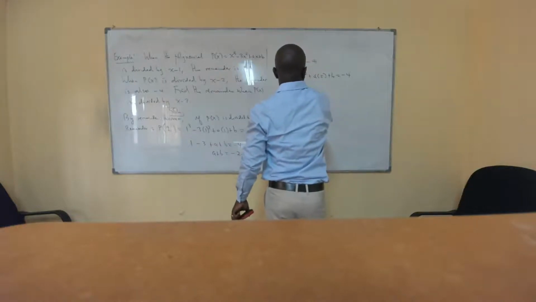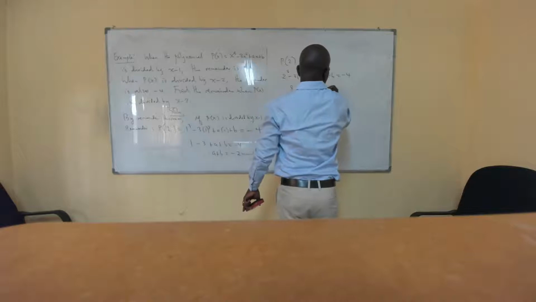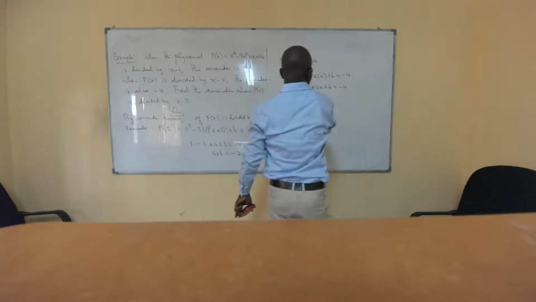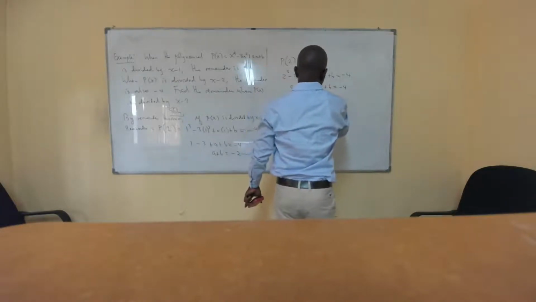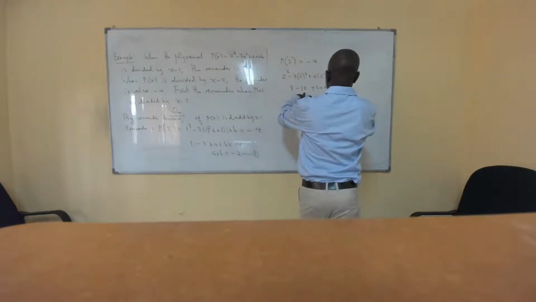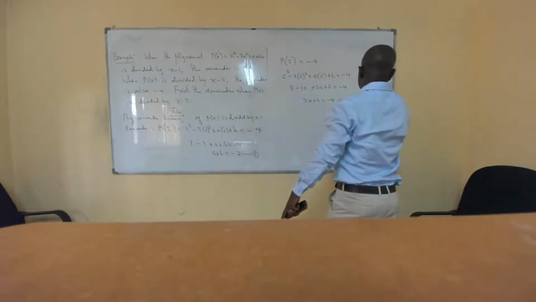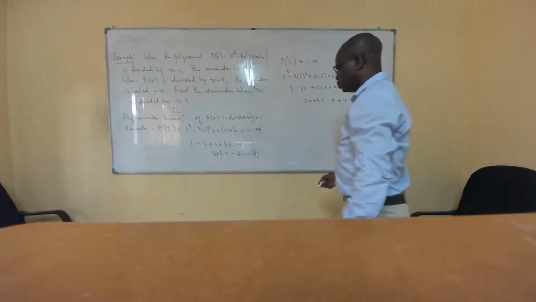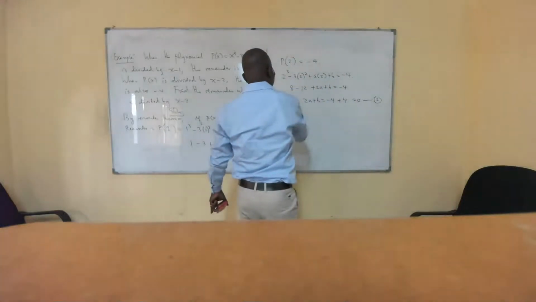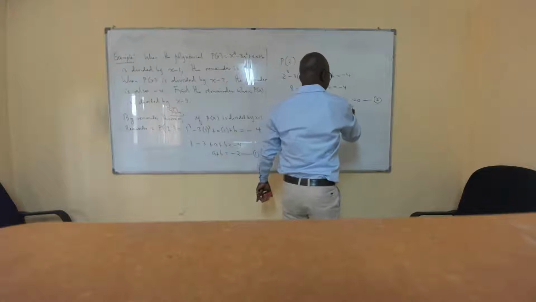So we have 8 minus 12 plus 2A plus B equals minus 4. Therefore, 2A plus B is minus 4, and when we cross over the minus 4, we have plus 4, so this is equal to 0. Call this equation 2.